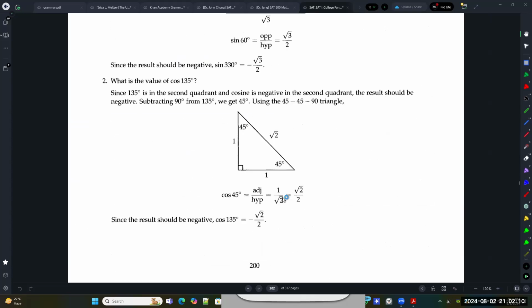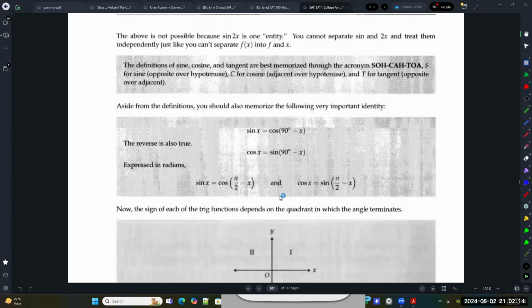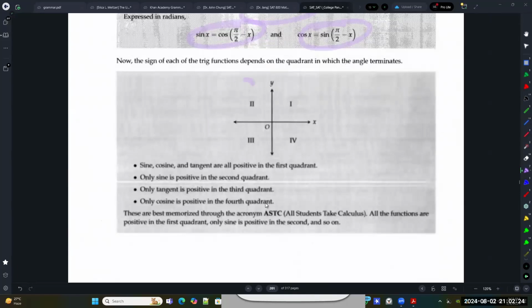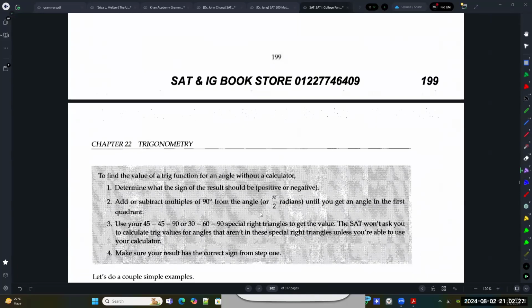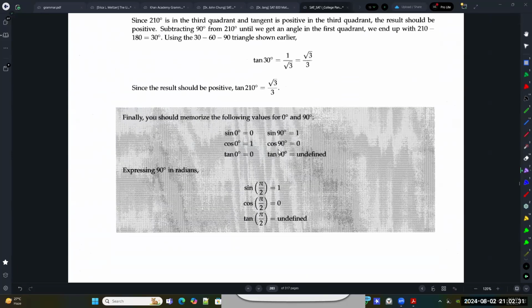Yeah, all right. Ab dekho jo kuch maine nahi, so it's the same stuff. Same rule, same rule. And the quadrant rules and the special triangles we've already done. These I never talked about.